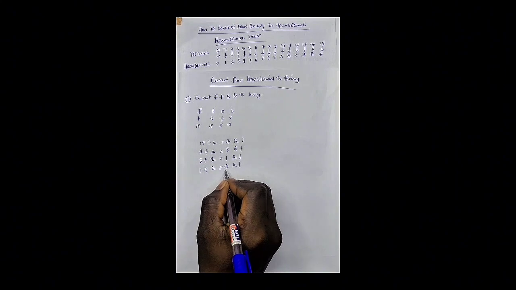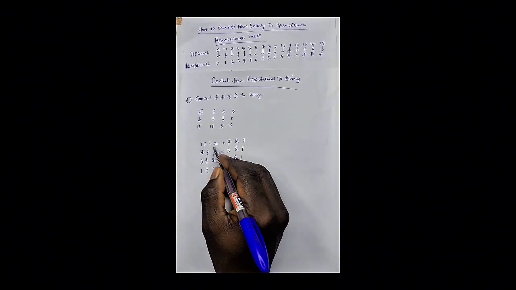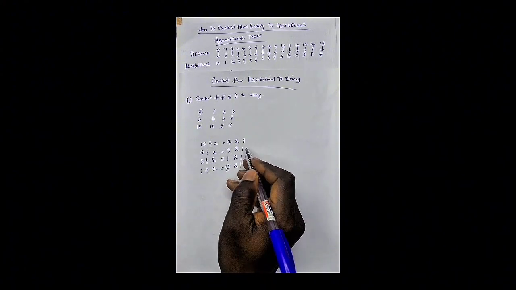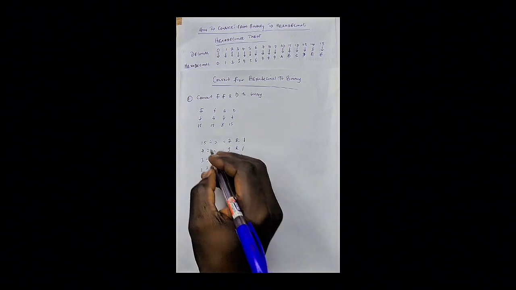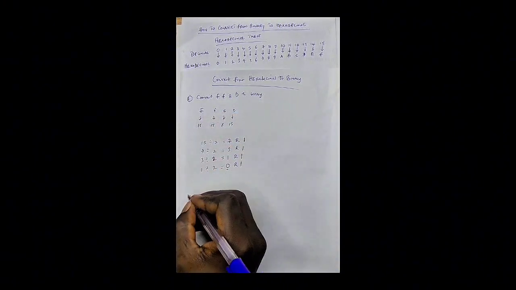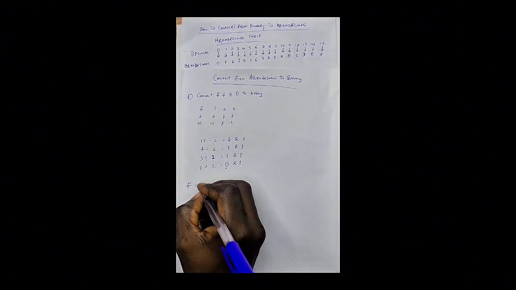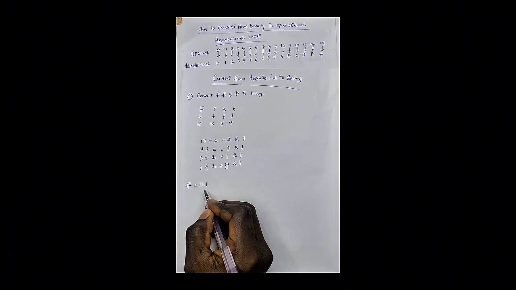Once you get to 0, you stop. If you divide and there is a remainder, you put 1. If you divide and there is no remainder, you put 0. That is how it works. So the first F is equal to 1111. That is the binary number for it.